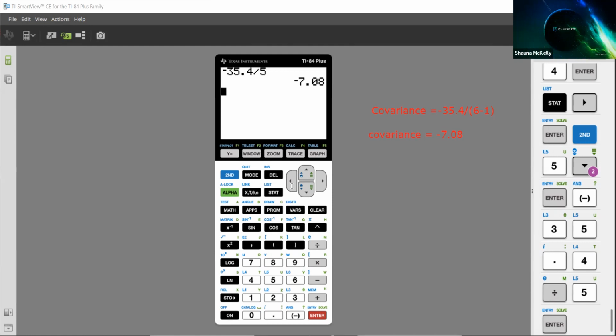You'd spend half an hour doing all this. My understanding is it's going to be multiple choice. Then by all means, use the calculator. If you do all this by hand, there's a lot of room for mistakes, right?